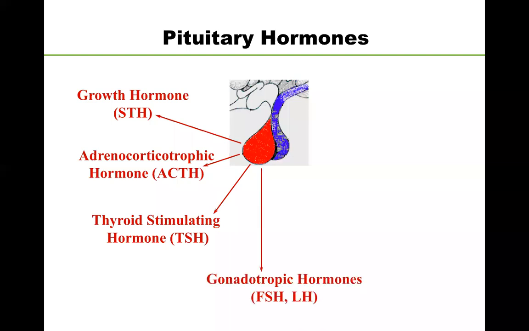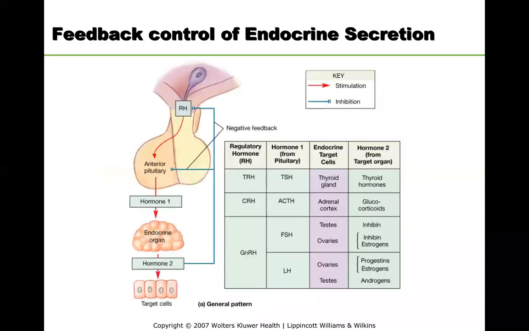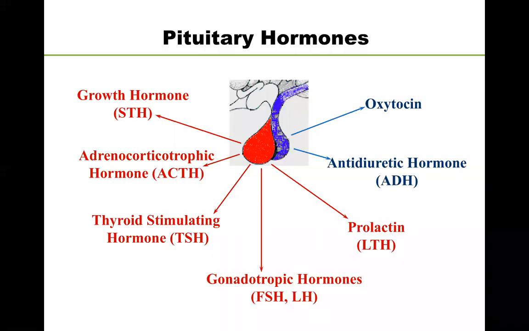Then the gonadotropic hormones, FSH and LH. It produces prolactin, a lactogen producing hormone. In the posterior pituitary, there is antidiuretic hormone, ADH. Oxytocin is also produced.